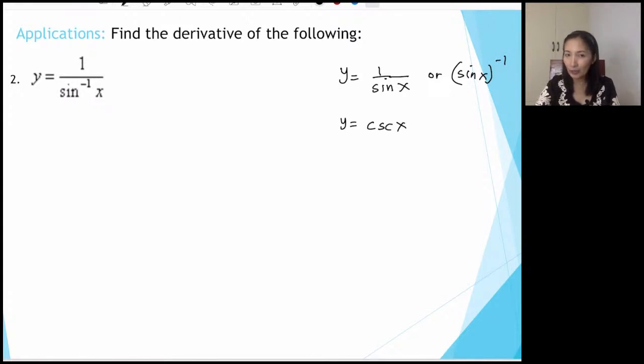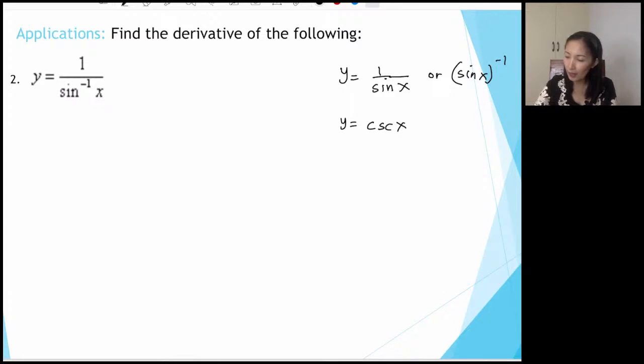Now, from your rules of differentiation of trigonometric functions, the derivative of cosecant x, if you could recall, is equal to negative cosecant x cotangent x. Let's see whether we will end up with the same answer.